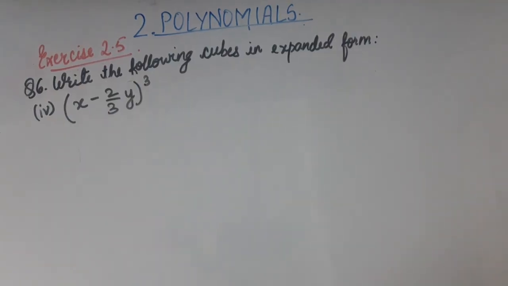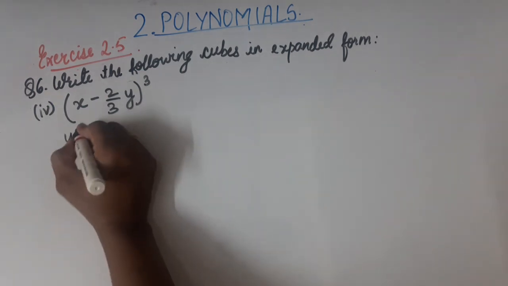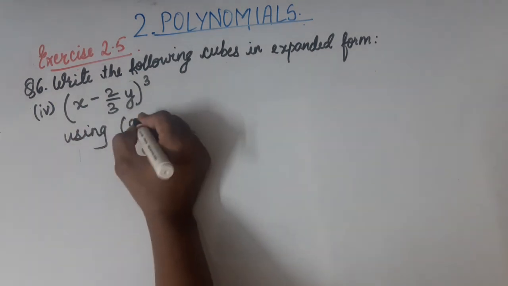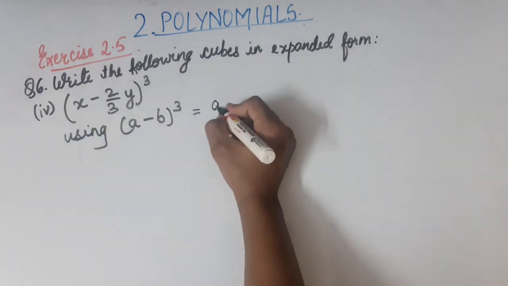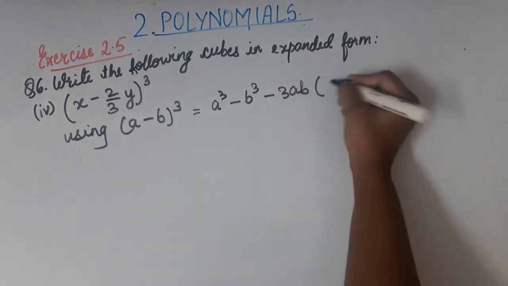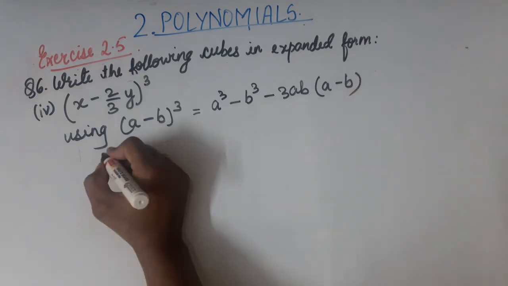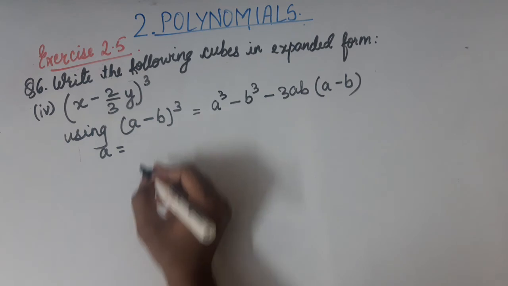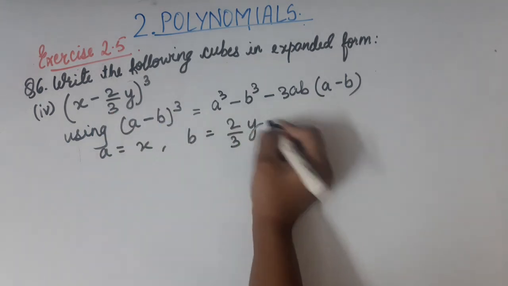So the last one of this question is (x − 2/3 y) whole cube. Expand using identity. Since the question is in x and y, let us use the identity in a and b. Using (a − b) whole cube, it will be a cube minus b cube minus 3ab in bracket a minus b. Now compare and get the values of a and b. a is x and b is 2/3 y.